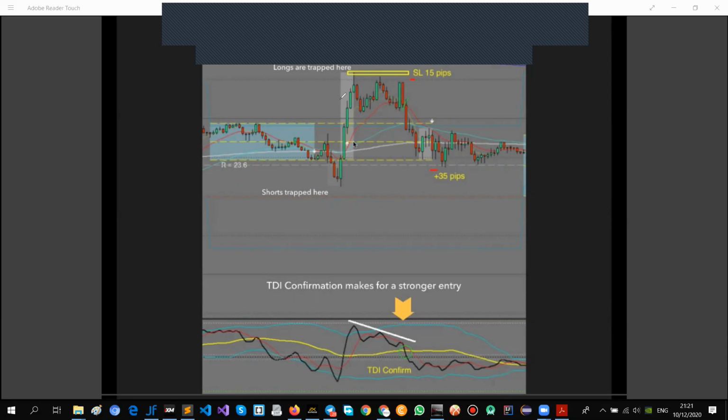The market makers sometimes might not just trap traders in one direction, but they might also want to trap traders in both directions so that they make more profit. That's their goal.